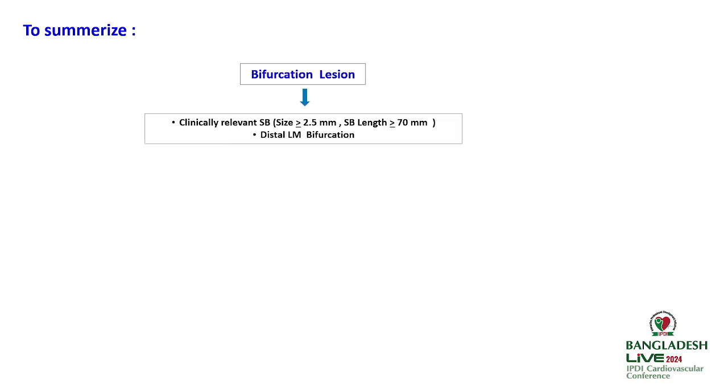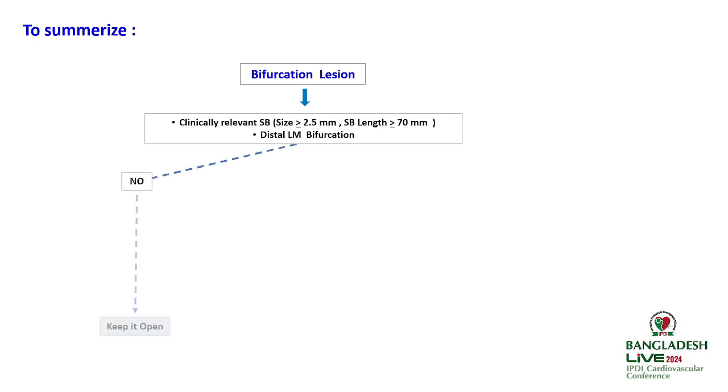But I think we can summarize that in bifurcation lesions, clinical relevance is a crucial point in order to select whether you have to go for bifurcation stenting or just keep it open.